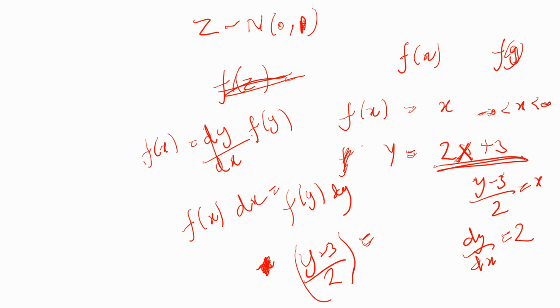So it will be 2, and f of y you will have will be y minus 3 divided by 4. So this is the way to do conversion.